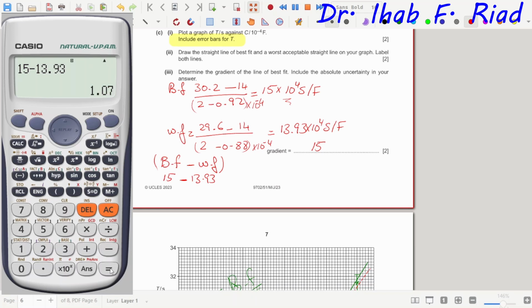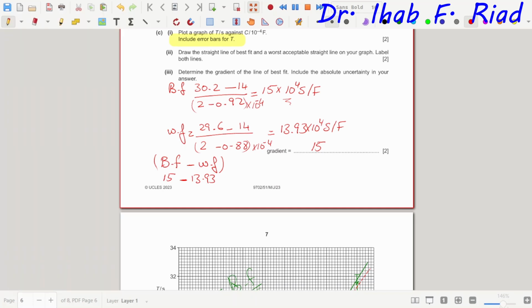1.07. Okay. We always keep the absolute uncertainty to one significant figure. Then we are going to say it is plus or minus 1. Okay.